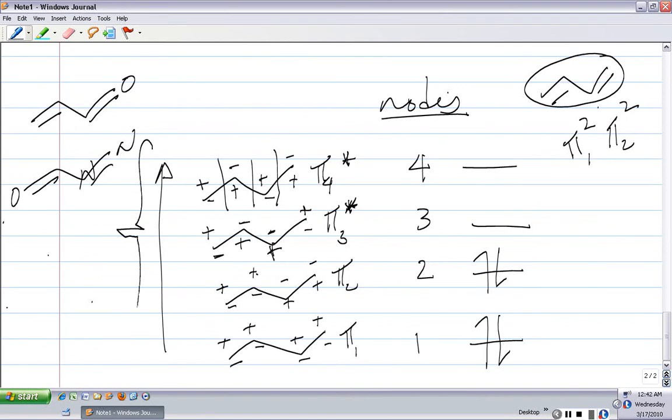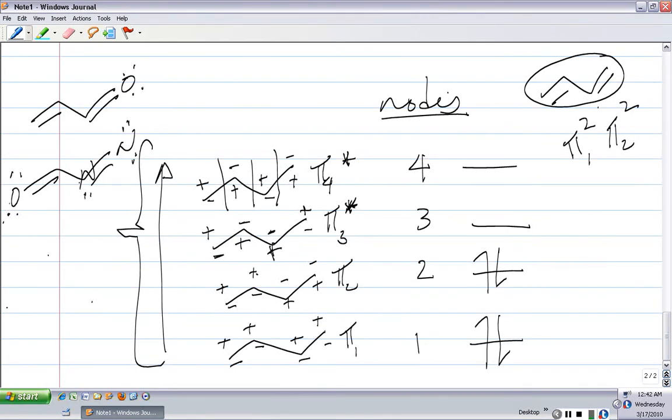Now there is a subtle difference: species like these, which have heteroatoms, also have lone pairs, and so I'm going to have to include the lone pairs in the pi system. So I'm now going to have non-bonding orbitals, but in terms of the pi system, they look exactly alike.